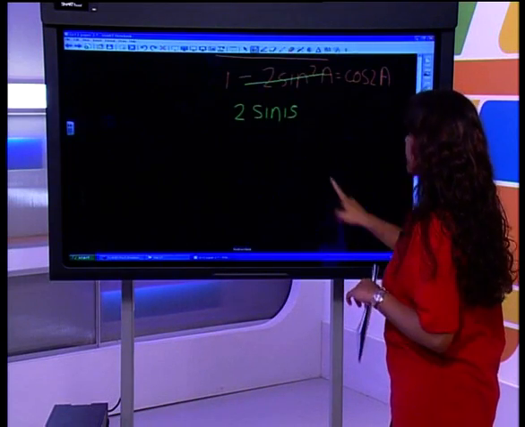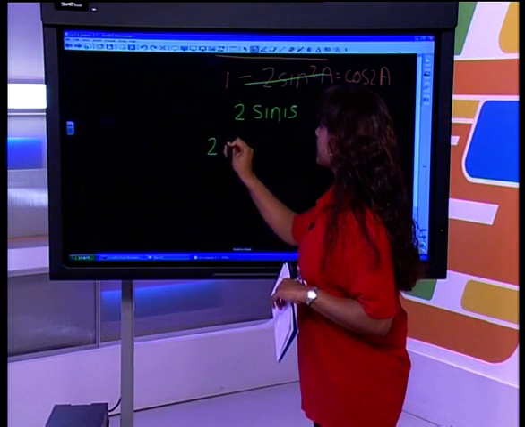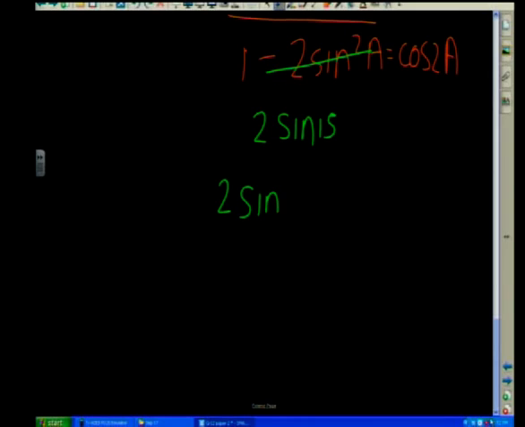So therefore, using my compound angles, I can rewrite 15 as 45 minus 30. Or you can write 15 as 60 minus 45. It doesn't matter which two special angles you use. Okay, I'm using 45 and 30.